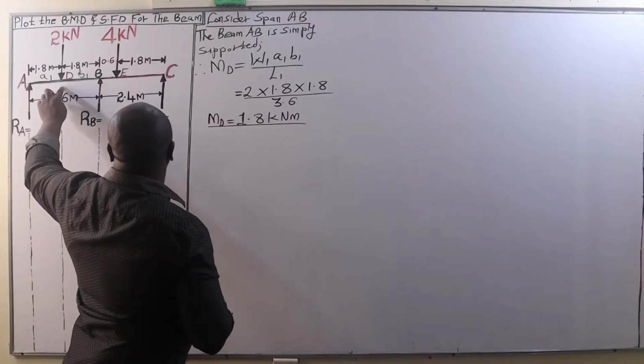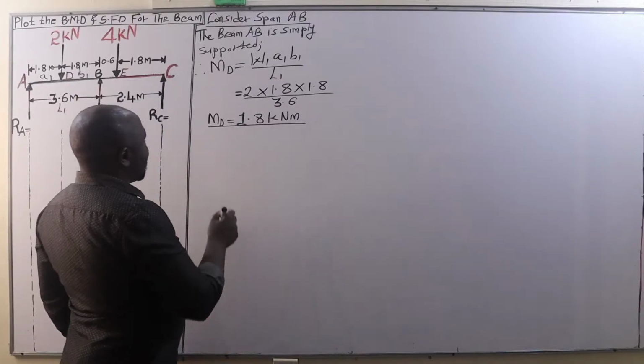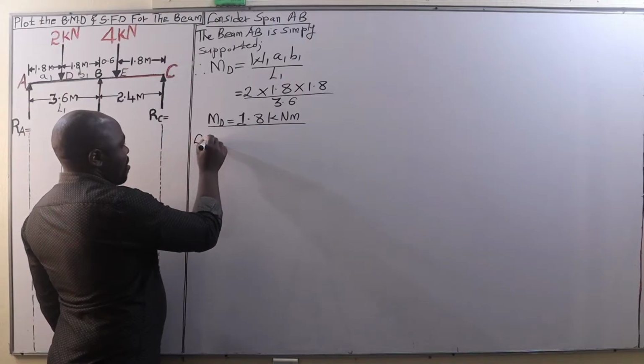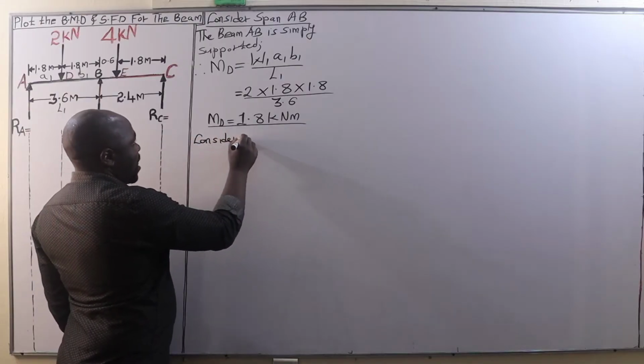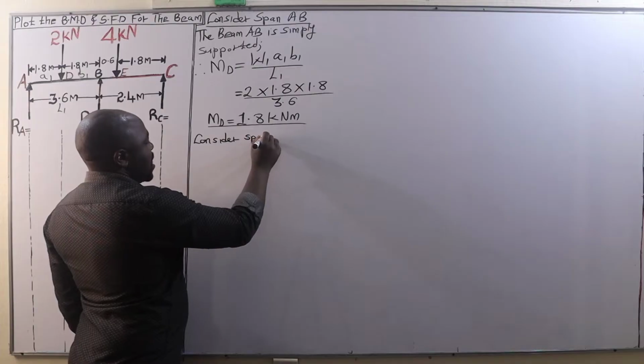Now, after getting the bending moment at D, we are going to calculate the bending moment at E, and in this case, we are going to consider the span BC.